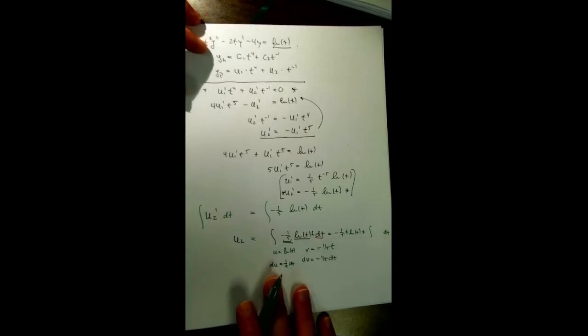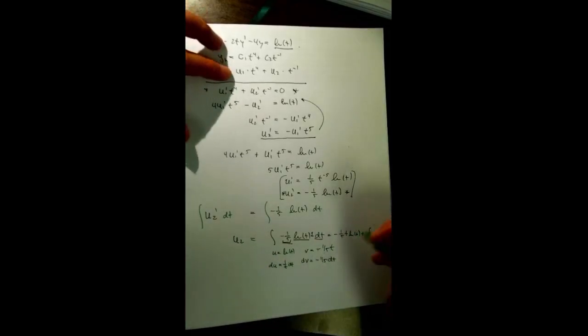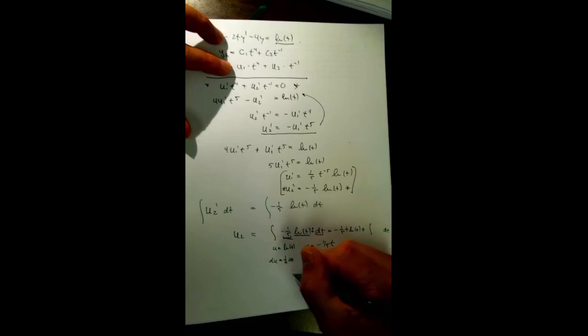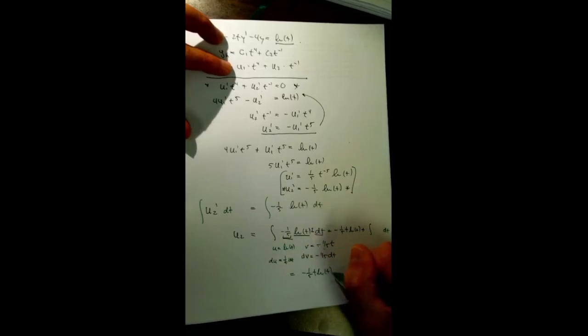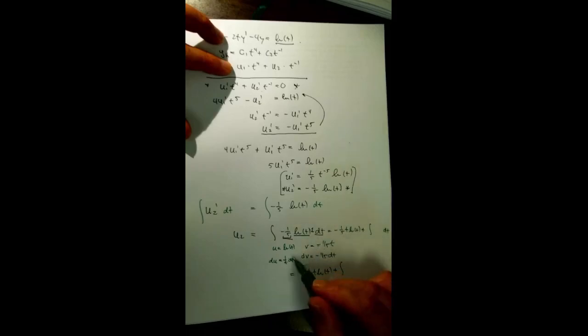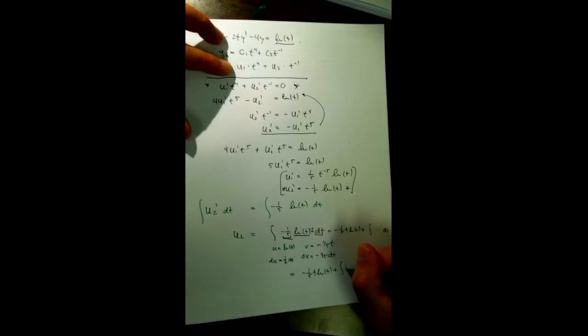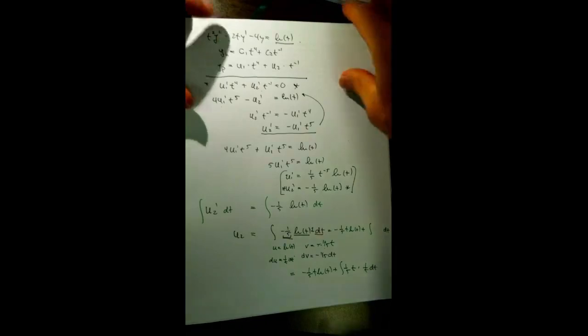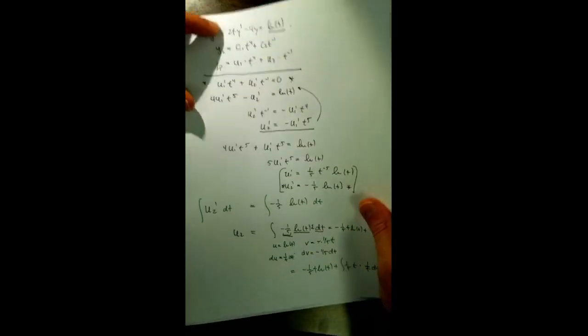Be careful here. Let me rewrite this because this is awkward. So this becomes minus 1/5 t log of t plus the integral of v du, or minus, but the minus a minus, so I get 1/5 t times 1 over t dt. All right, let me rewrite all this stuff out.